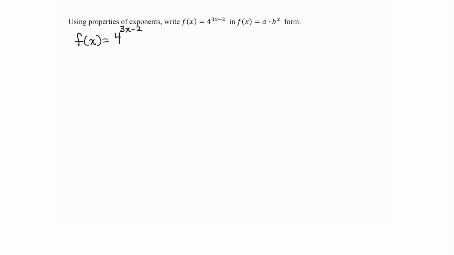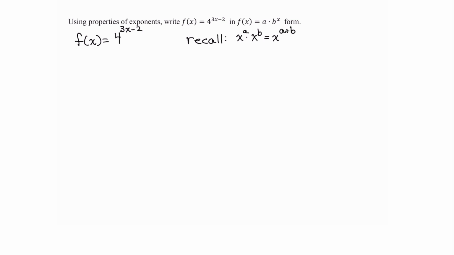Now to do this we want to recall our properties of exponents, and the first one that we want to look at is when we had the exponential expression, say x to the a times x to the b. We would use properties of exponents to say when we're multiplying exponential expressions with the same base, keep the base and add the exponents.